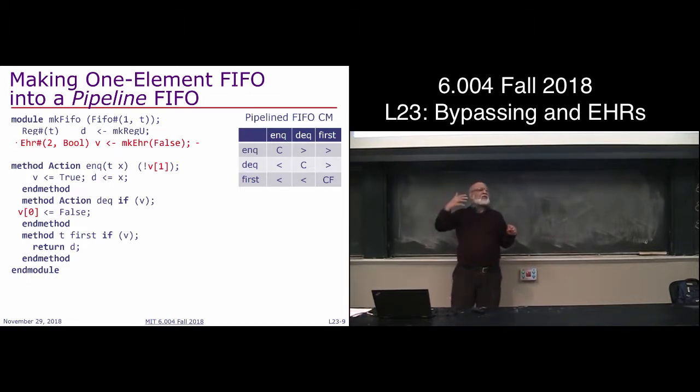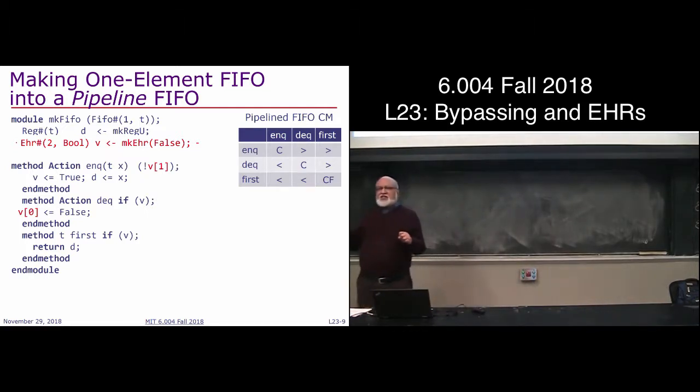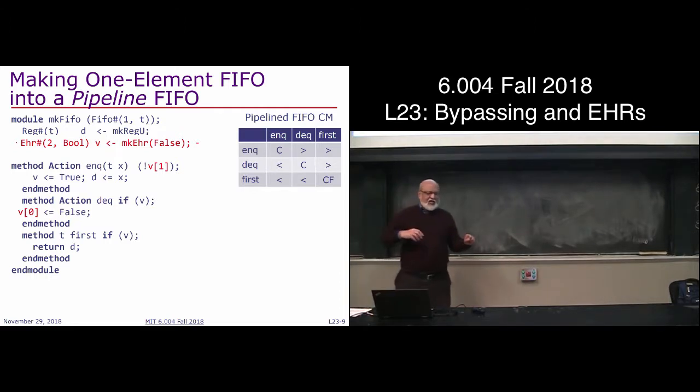So I want the bypassed version of it. Which is the bypassed value coming out of V? V1, right? So you can write in V0, V1, and you can read V0 and V1. So when you write in V0 and you read V1, you're actually reading that value at the same time.